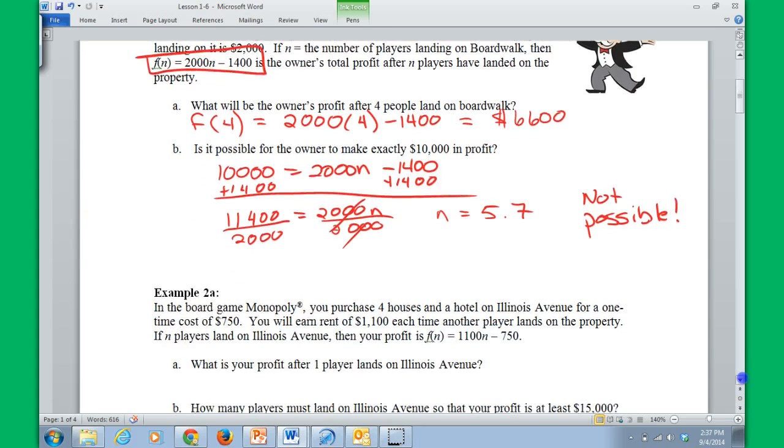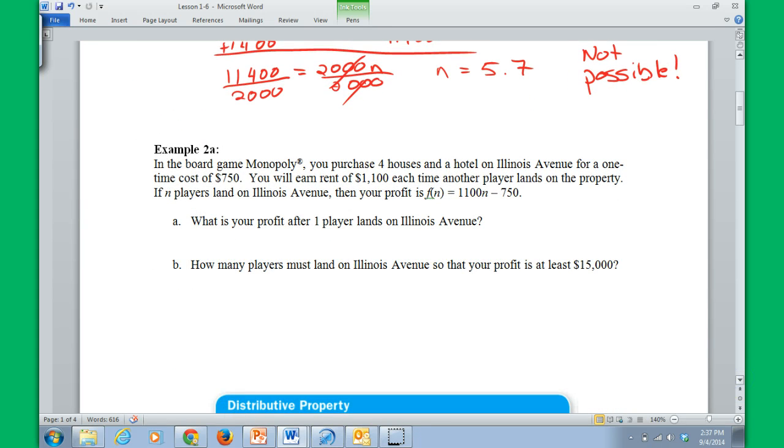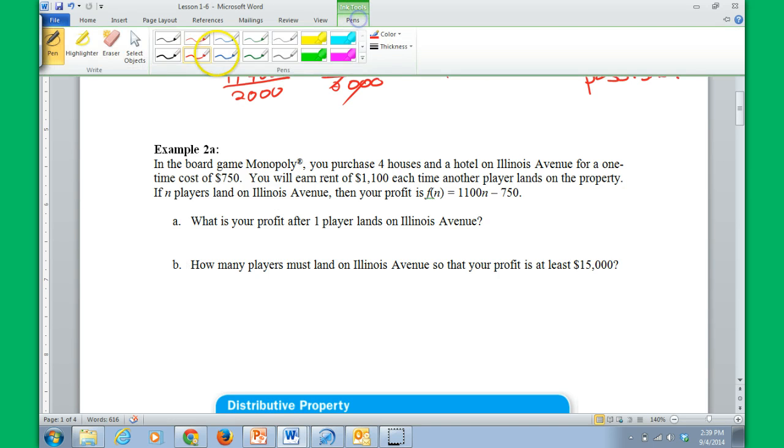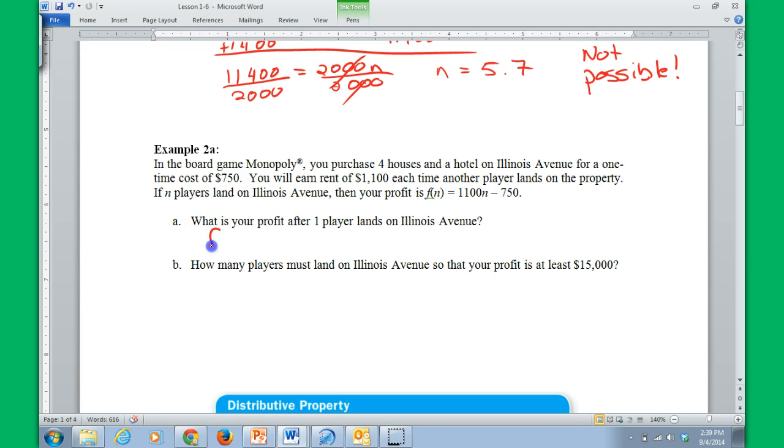I want you to take the next minute to do the same thing for 2a. I'm going to pause this, and you guys can take time to do that. So for A, you should have gotten for f of 1, $350. Is that what you guys got?